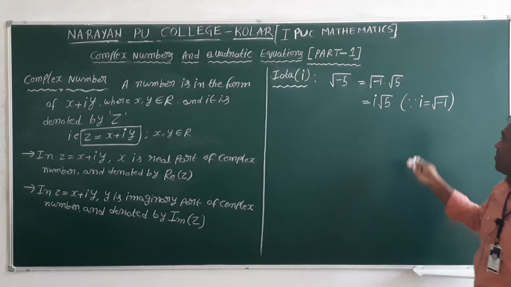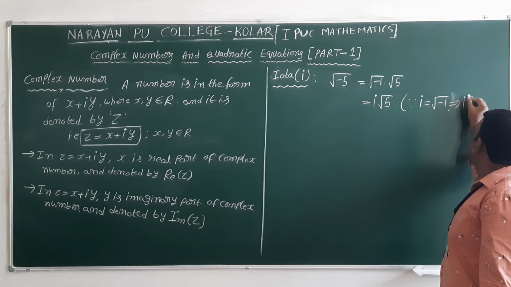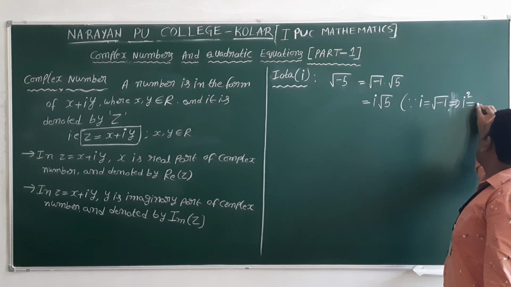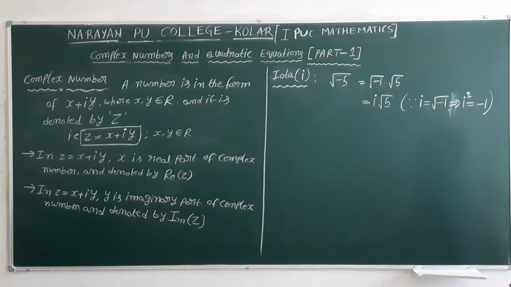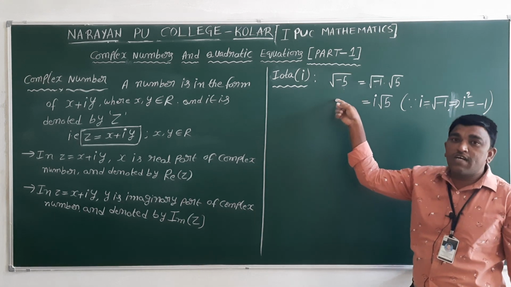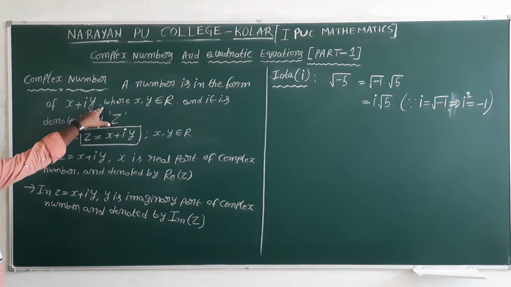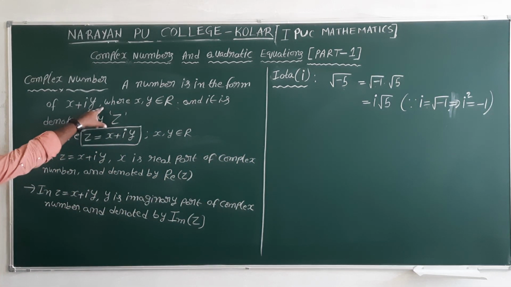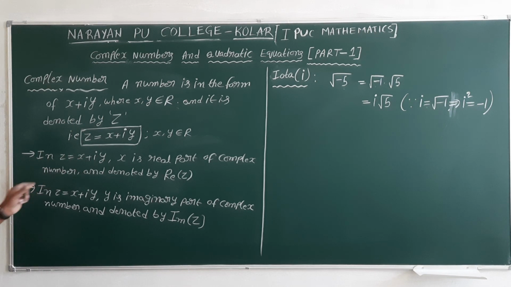Same manner, from this we get i square: squaring on both sides, the root will be cancelled off, i square value is minus 1. After defining the iota, then define the complex numbers. Then you come to know why we need to take the i. So only x is the real part of z, y is the imaginary part of z.